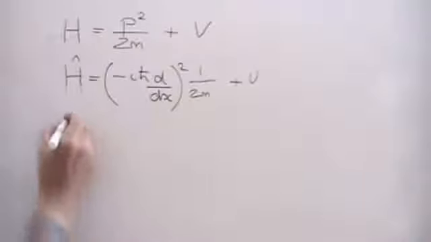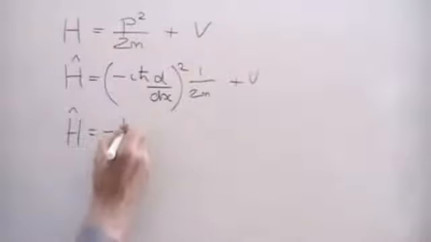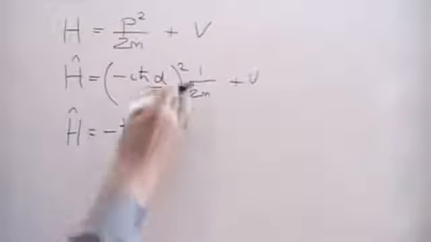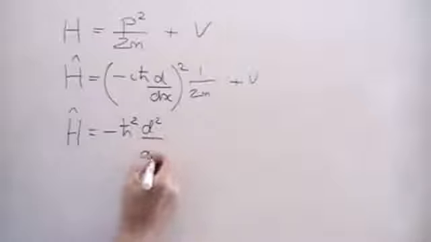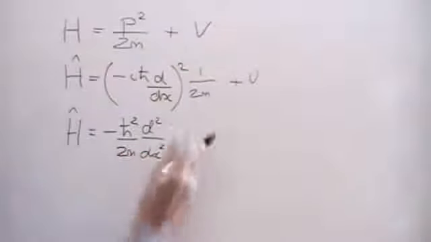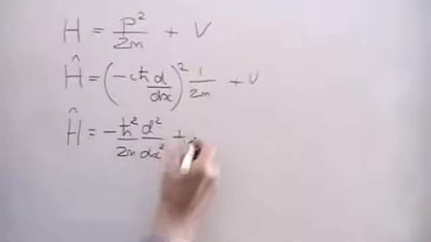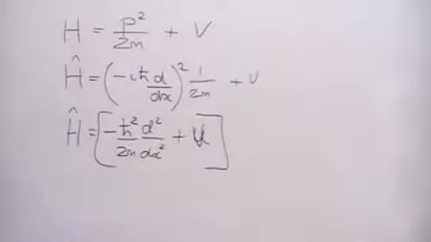And that means that H is going to be equal to, well, minus i squared is minus 1, so that gives you a minus. h bar squared is h bar squared, and then this term here becomes d2 by dx squared, and of course this is all over 2m, plus u, or v, as the case may be. So that again is our Hamiltonian, which we derived or showed to be the case from the Schrodinger equation.